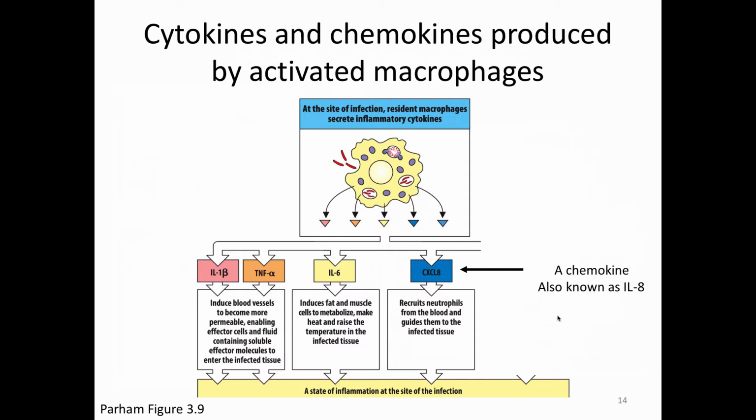COX-2 stands for cyclooxygenase 2, and it helps the macrophage make lipids that are going to be released. We'll call them right now inflammatory lipids. So these enzymes are made by our macrophage.